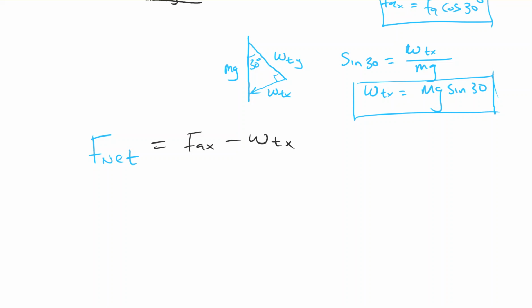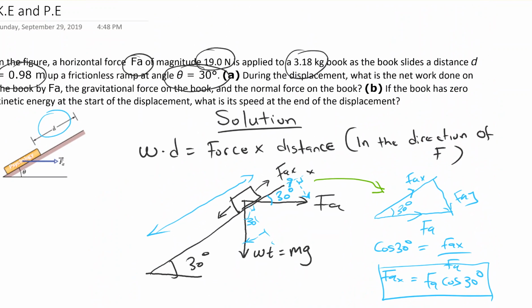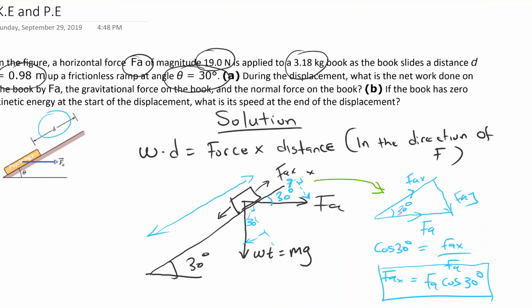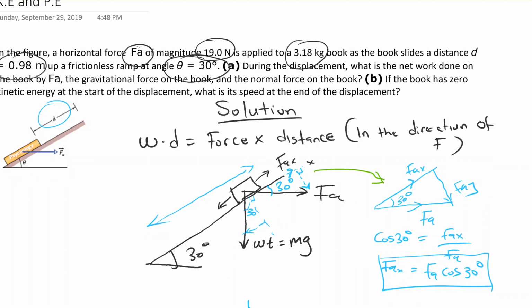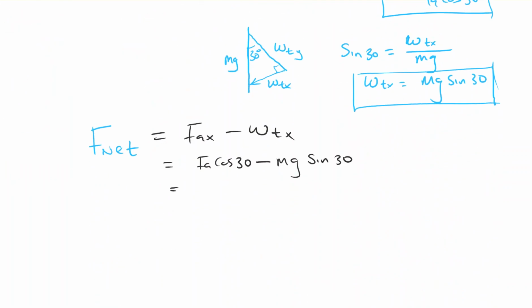So now this will give us FA cosine 30 minus WTX. I already have the value for WTX in terms of mg, so it's going to be mg sine 30, I mean. So we're going to plug in the values. Remember, FA is 19 Newton, theta is 30, or we have that plugged in already, and the mass is 3.18.